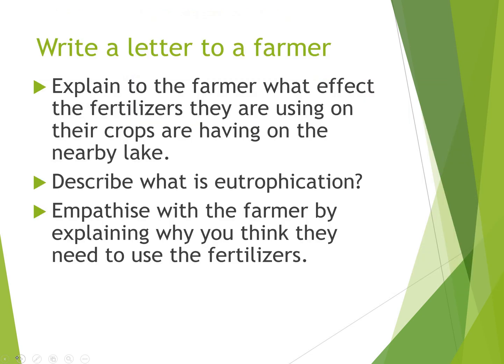So, success criteria for your letter to the farmer. In your letter, can you include to explain to the farmer what effect the fertilizers they're using on their crops are having on the nearby lake, to describe what eutrophication is, and I do want the detail in there, and to empathise with the farmer by explaining why you think they need to use the fertilizers in the first place, okay?